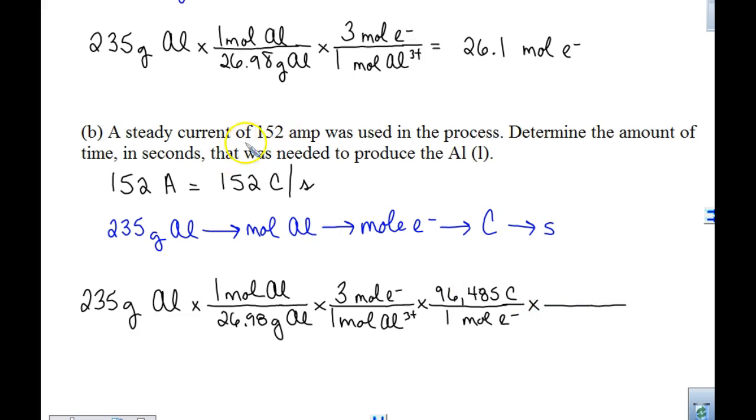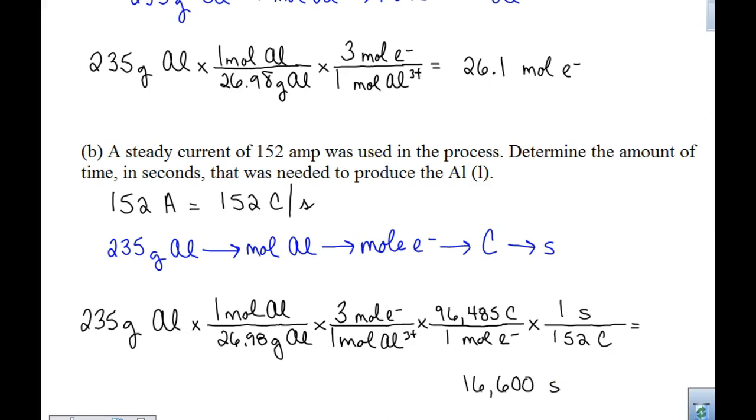And then our current was 152 amps, or 152 coulombs per second. So we need the coulomb on bottom. So I'm going to put 152 coulombs on bottom and 1 second on top. So punch that one into your calculator and round that to 3 significant figures. You should get 16,600 seconds, which is a good while.